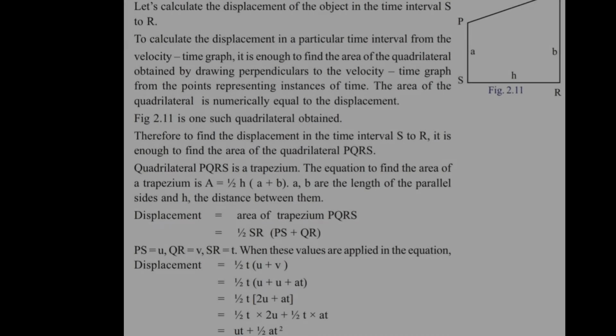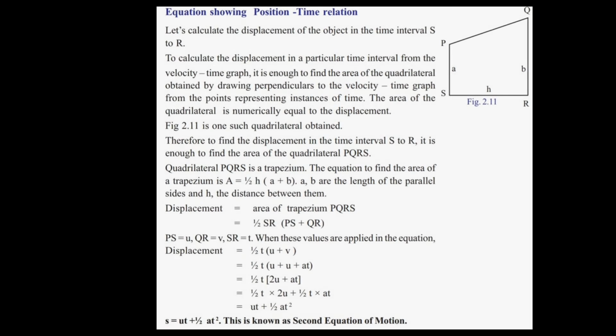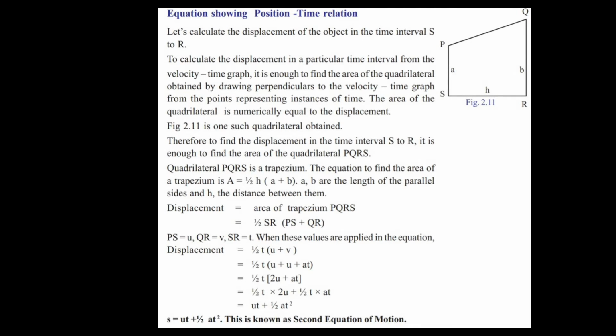Then how can we calculate that? We have an equation, area of trapezium A is equal to half h into (a plus b). Here h is the height and a and b are the lengths of the parallel sides, that we know. So we can write S is equal to area of trapezium PQRS.